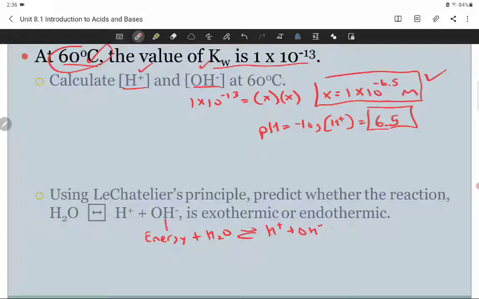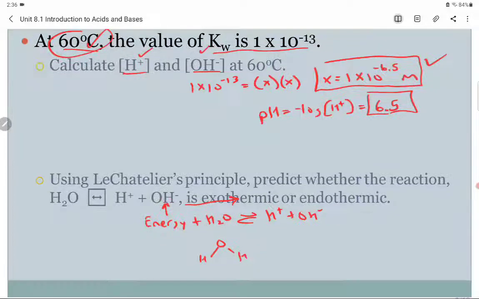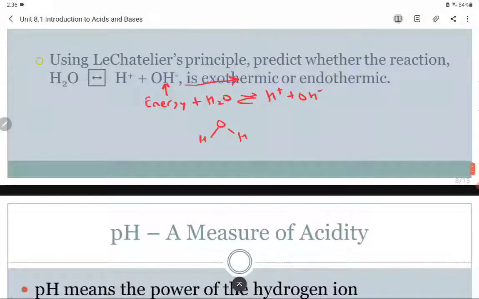The only way that's going to happen is if you put energy on the left-hand side. More energy is going to be able to break the bonds that hold the H's and O's together in H2O. So, endothermic.